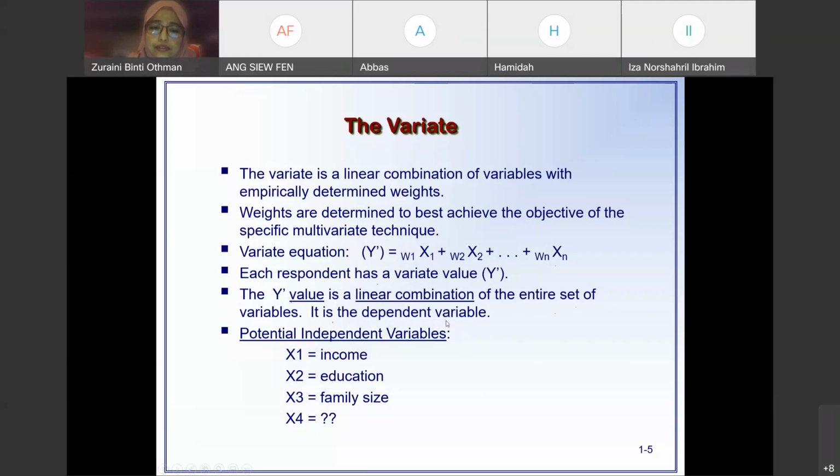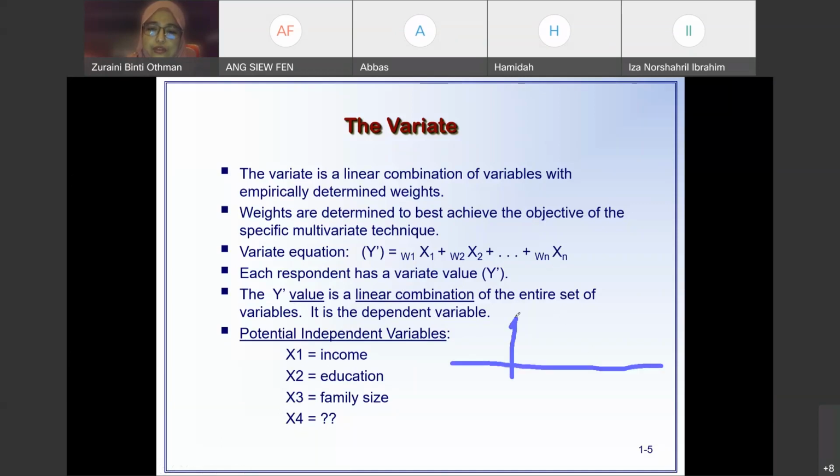It is the dependent variable. First, I want to ask, do you still remember what is a dependent and what is an independent variable? Can someone please explain?